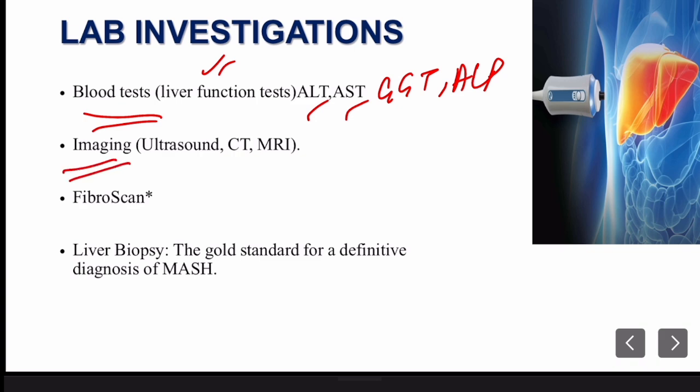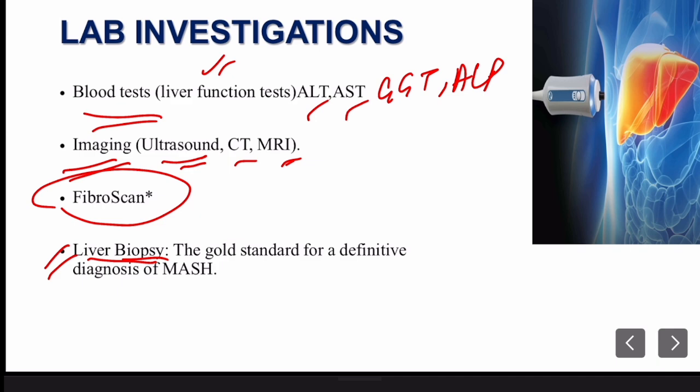Imaging can be done to demonstrate fatty liver: we can do ultrasound, CT, MRI. Now, FibroScan is becoming very popular because it is a non-invasive method and it tells about the degree of fibrosis in the liver. However, liver biopsy remains the gold standard for a definitive diagnosis of MASH.